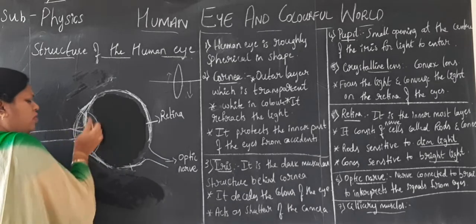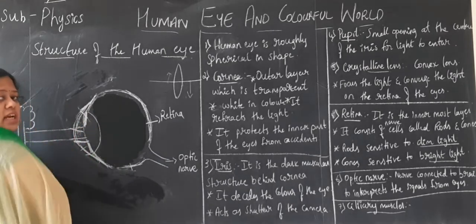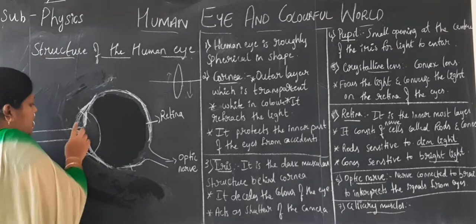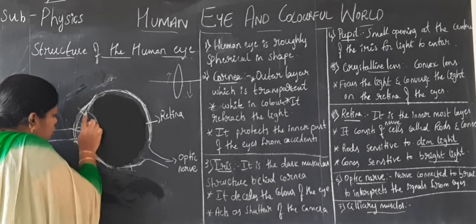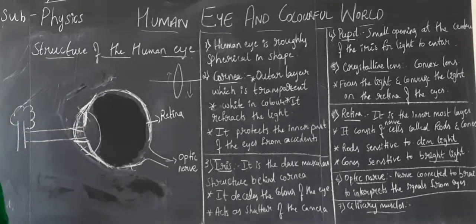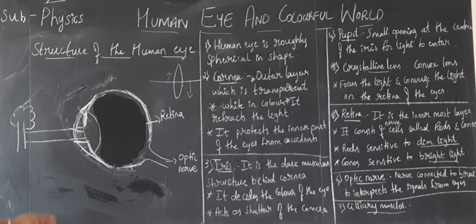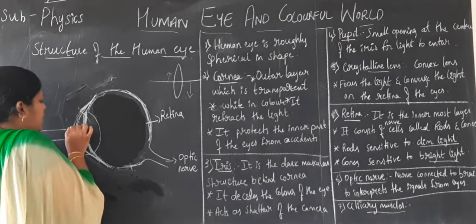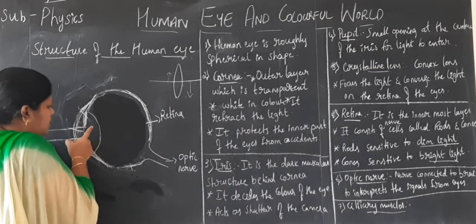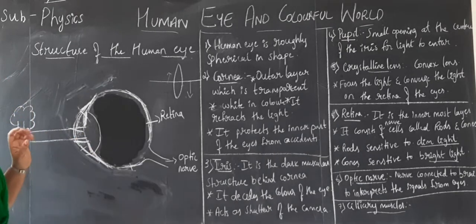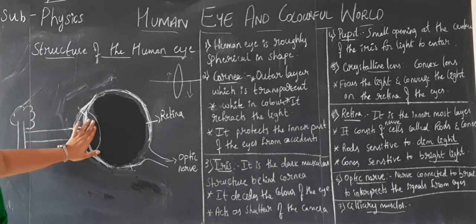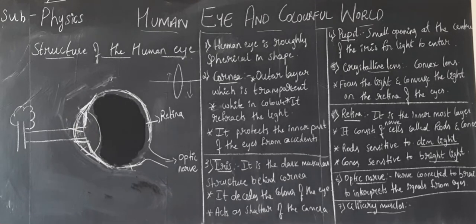So almost all the refraction taking place in our eyes happens in between this cornea and the iris. Next, it will pass on to the lens, the crystalline lens present in our eyes. What is the work of that lens?